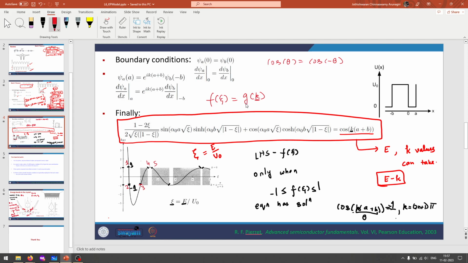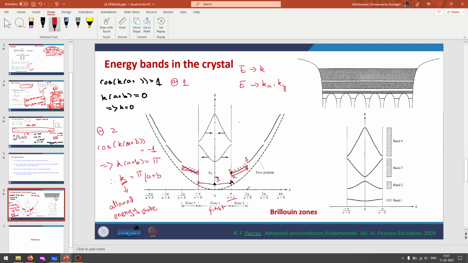But in a 2D system, as I just mentioned, there are two values of K. So for a 2D Kronig-Penney model, by the way, there is actually no 2D Kronig-Penney model because there are multiple ways in which you can define a 2D potential that is periodic. So it is slightly more complicated than the 1D case.